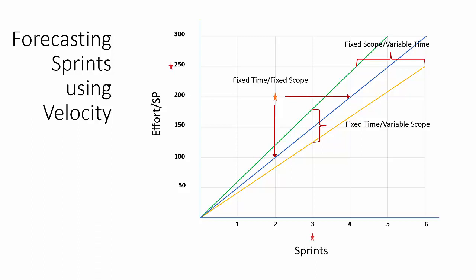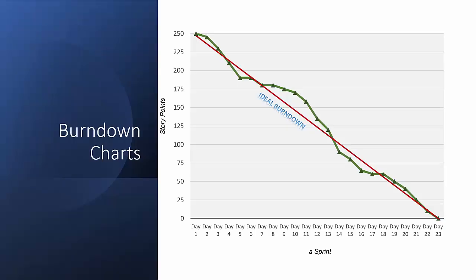In Scrum, we also use other charts to track the work that we are doing. In particular, we use, for example, burn down charts. Burn down charts represent the total amount of story points that we are going to do. In this example, 250 story points. And we track how many story points are still open after each day.